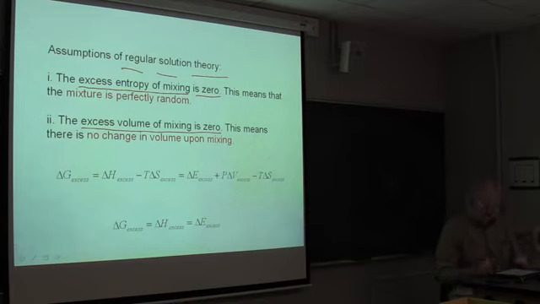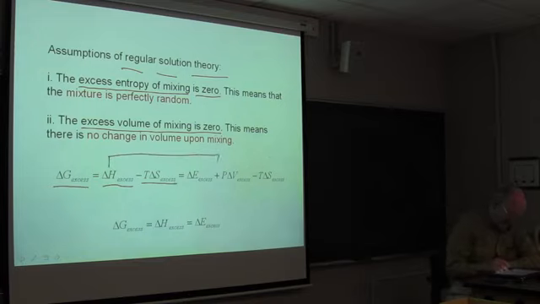This now allows us to find out something very simple. Here's the excess free energy of mixing in terms of the excess enthalpy of mixing and the excess entropy of mixing. And I can set the enthalpy equal to the energy of mixing plus P delta V excess, minus T delta S excess.